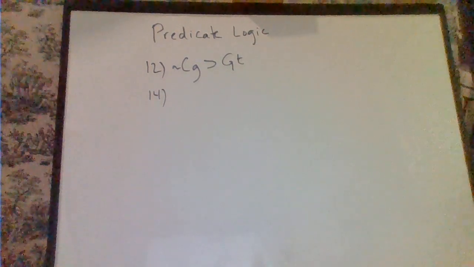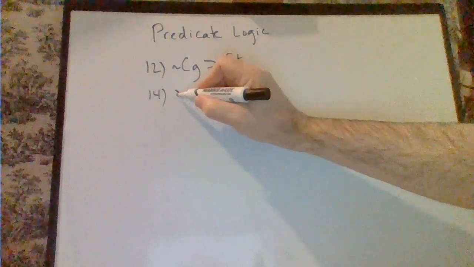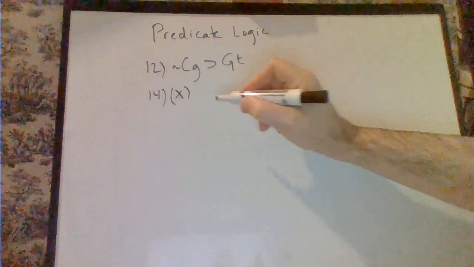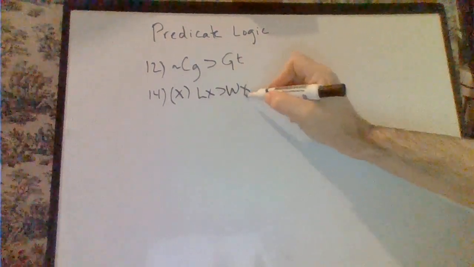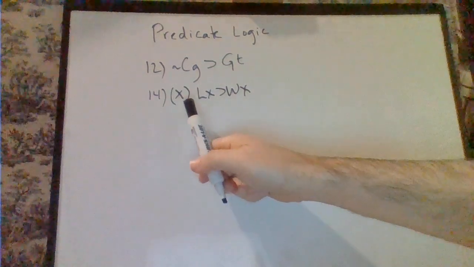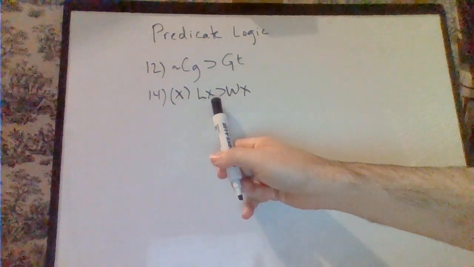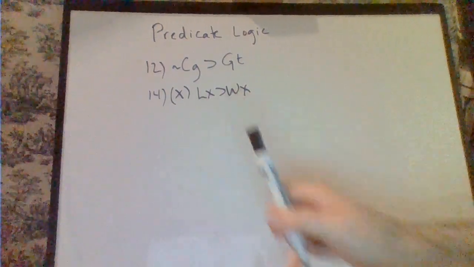And so all things, all are, that's a universal claim. So you'd want a universal quantifier, which is just the x, Lx, horseshoe, Wx. So this one basically says, since it's all things for every x, if that x leads to violence, then that x is wrong.